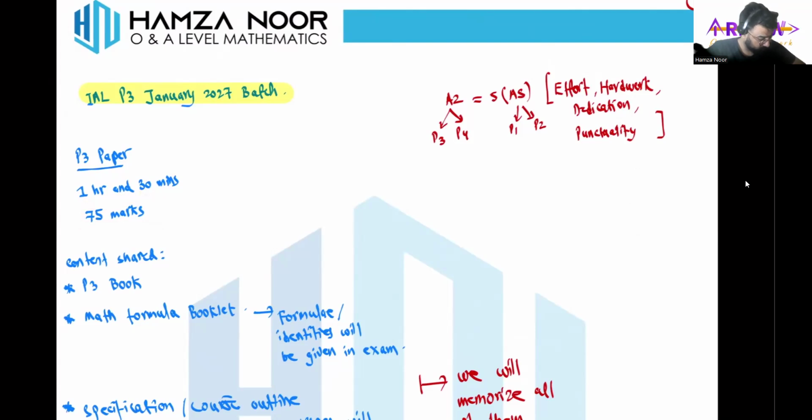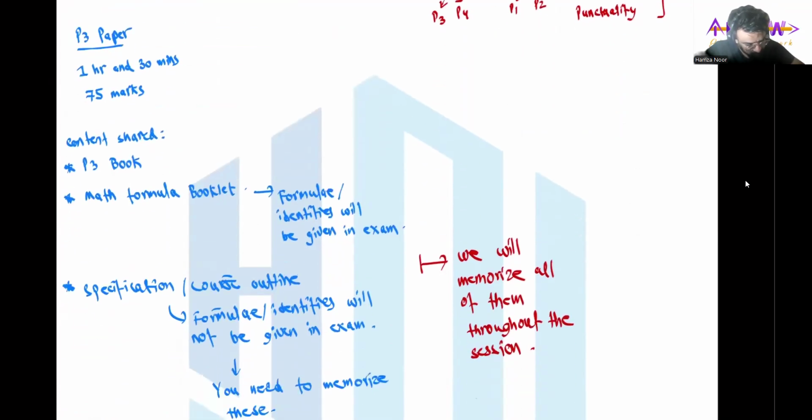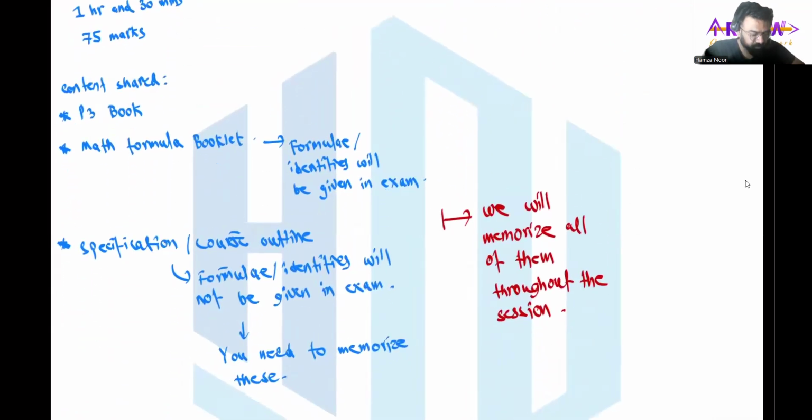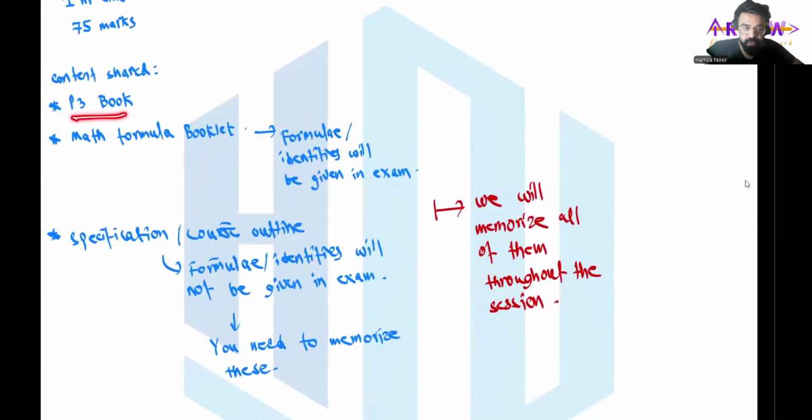Now, the content I have shared in the WhatsApp group: first, the PDF of the P3 book. Then we have the math formula booklet, which contains those formulas and identities that will be given to you in the exam.